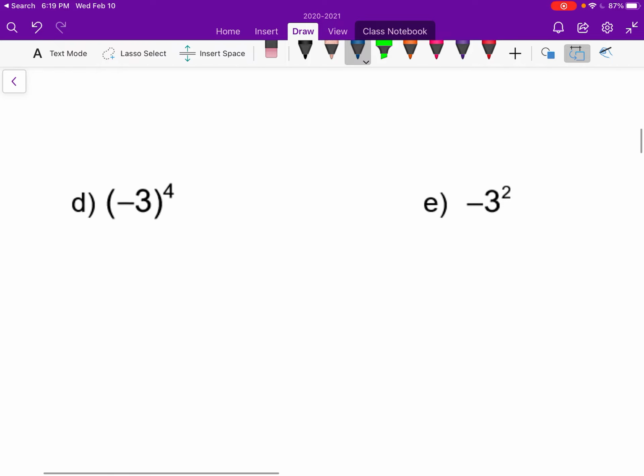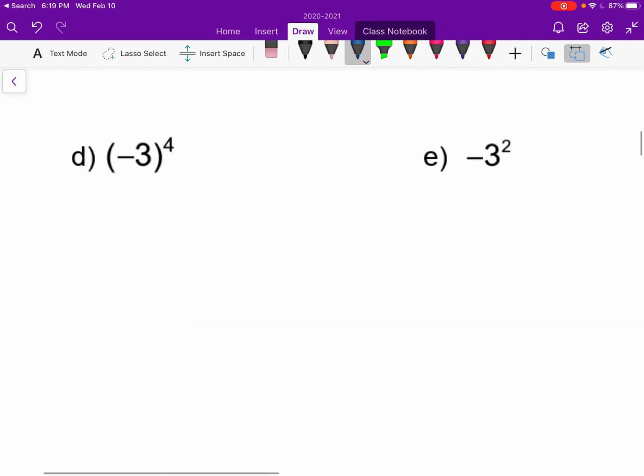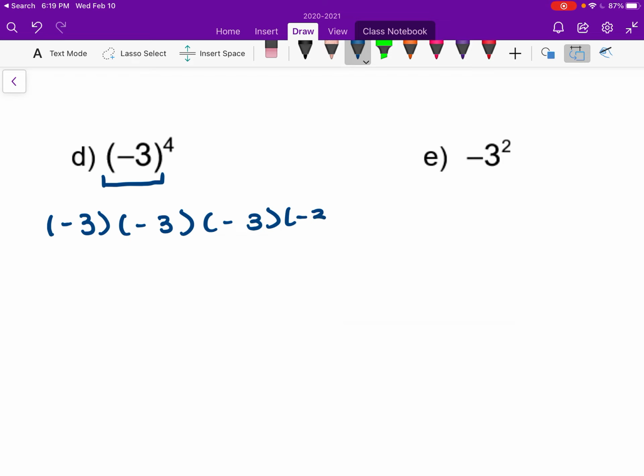Okay. Moving forward, we're going to go on to -3 to the power of 4. So we have a negative 3 in brackets, so we've got to always put this in brackets. Negative 3, negative 3, negative 3, negative 3. So let's do the first one. Negative 3 times negative 3 is going to give me positive 9. I'm left over with negative 3 and negative 3.